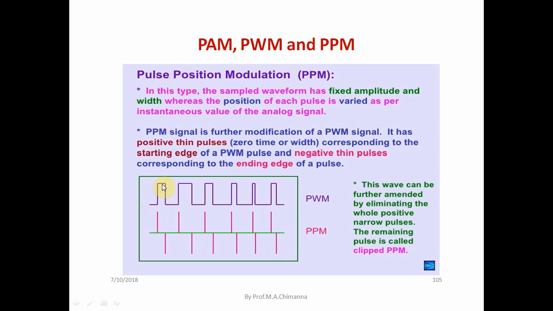After that, when this edge is completed, the amplitude decreases towards 0, then the negative pulse is generated. For the next pulse, starting from here, the amplitude increases, then the positive pulse is generated. Once the amplitude decreases for this pulse, then the negative pulse is generated, meaning every time the position of that pulse changes.